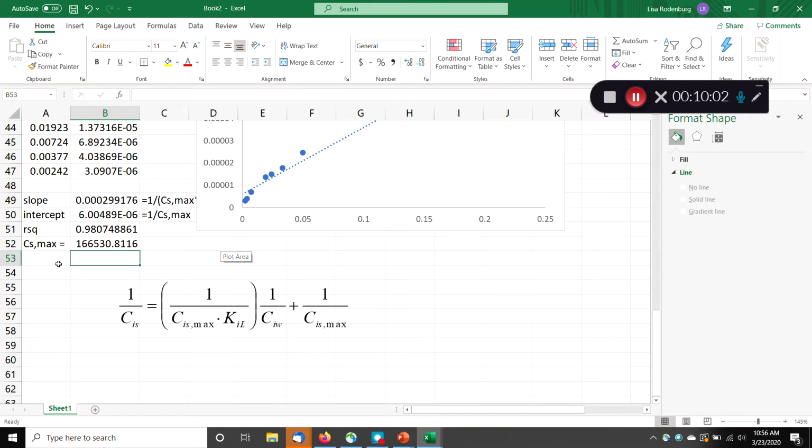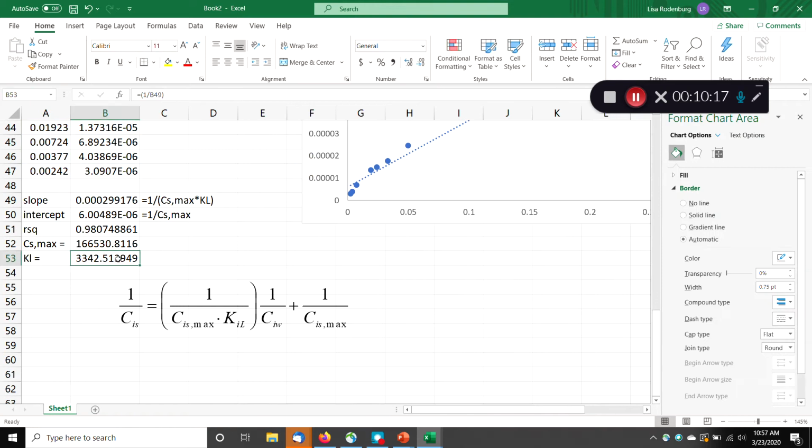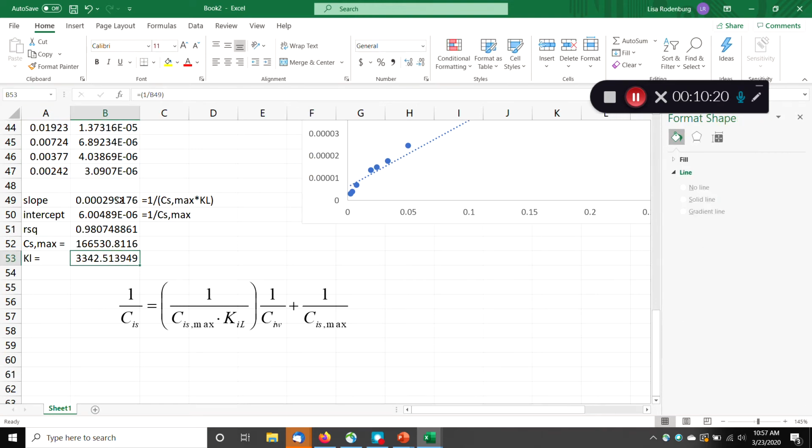And then KL is equal to, first we have to take 1 over the slope, and then we have to divide that by CS max, which we just determined up here. And there's your KL value. We should make that a capital L, L for Langmuir. All right, so there's our values.